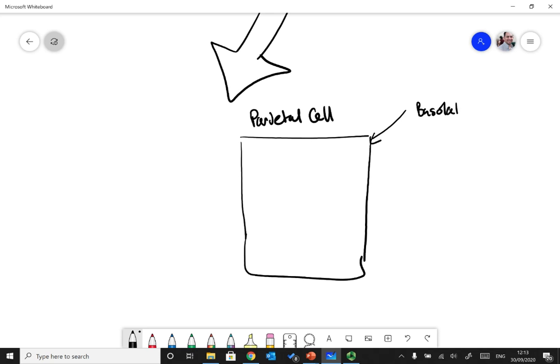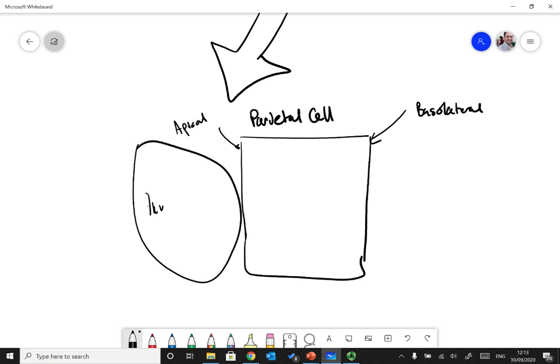and then this membrane is the apical membrane, which basically means that this area here is the lumen of the stomach, and then all of this area surrounding it is the interstitial fluid, the interstitium.